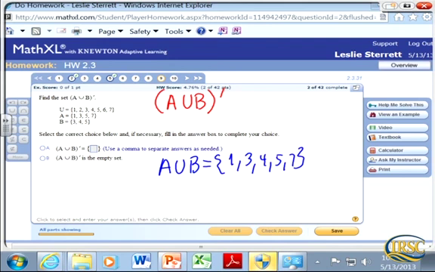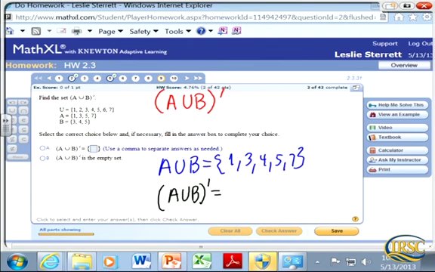Okay? So I'm doing what's inside parentheses, and now my next step for order of operations would be to now move outside of that parentheses. And so now I want to find the complement of A union B. So I'm looking at A union B, and I want to eliminate any of those answers from the universal set. So now compare back to the universal set.